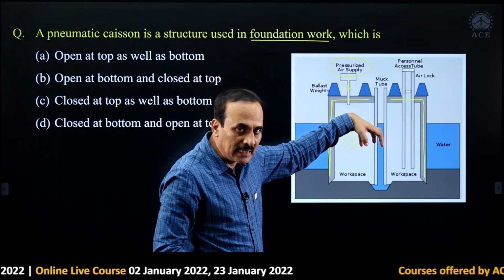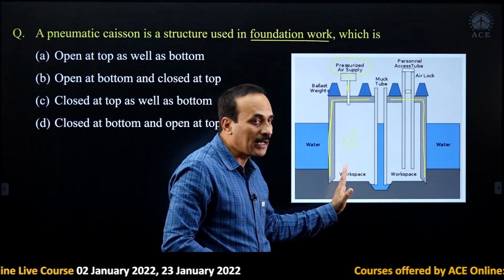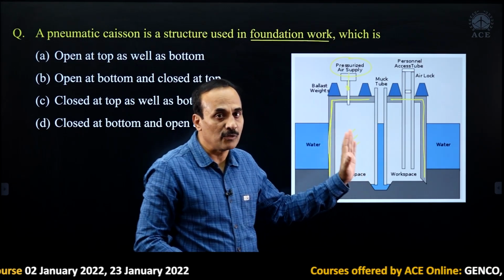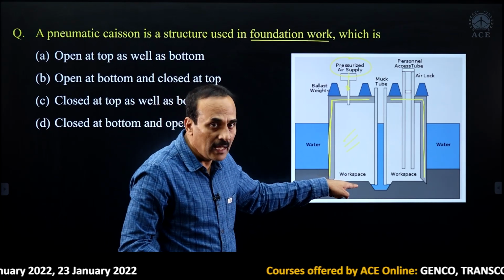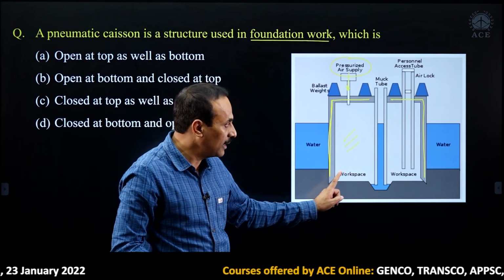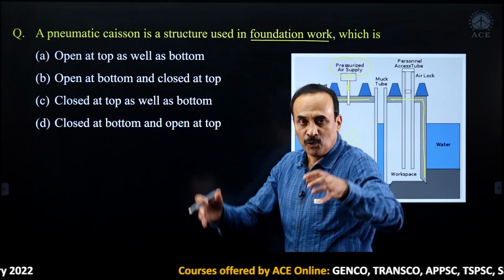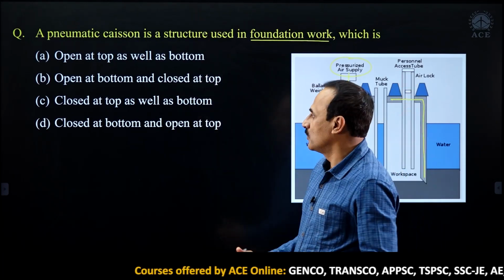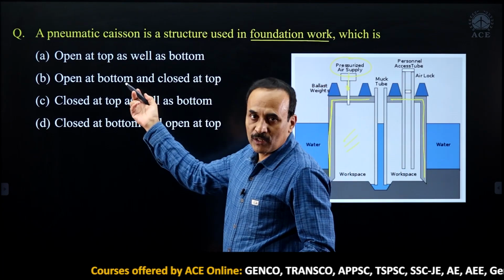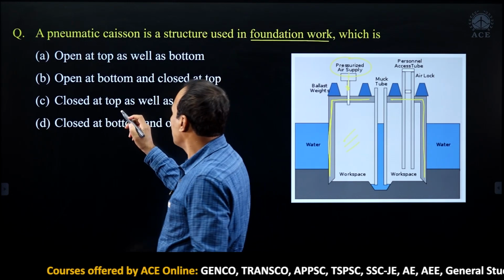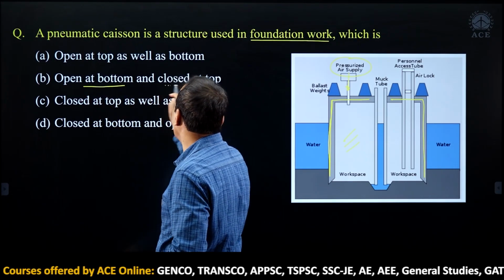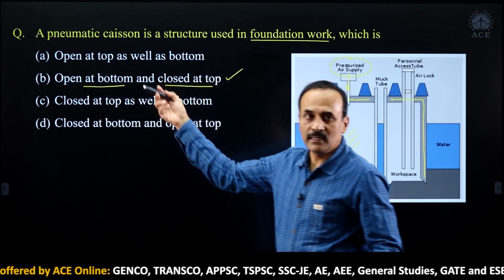You can sink the caisson with the help of the pressure. That's why it is called a pneumatic caisson. As the workspace is on the bottom side, the bottom must be open. To build up the pressure, the top must be completely sealed. So, the suitable option is open at bottom and closed at the top. The answer is option B.